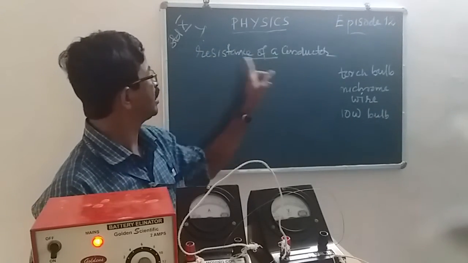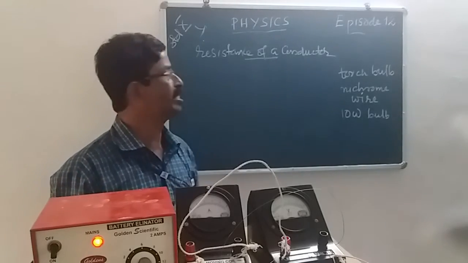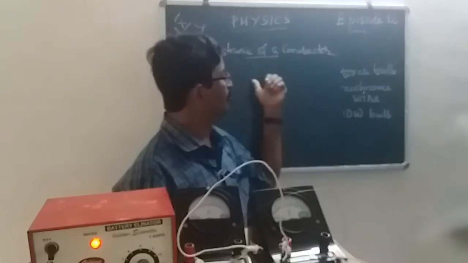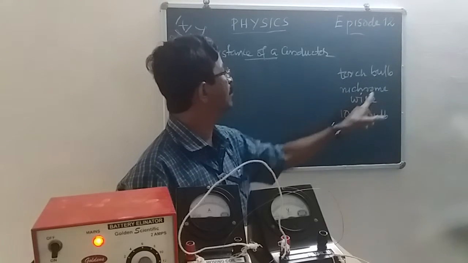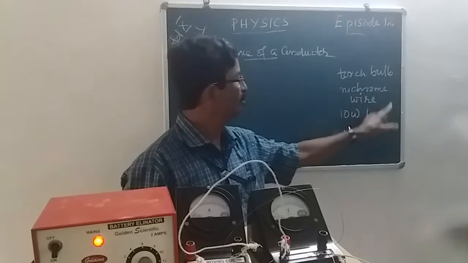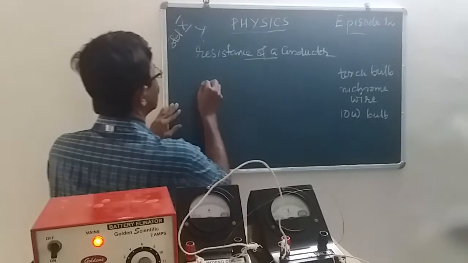To do this activity, that means to find the resistance of a conductor, we collect these items: a torch bulb, nichrome wire, and a 10-watt bulb. Then we make the circuit as shown.